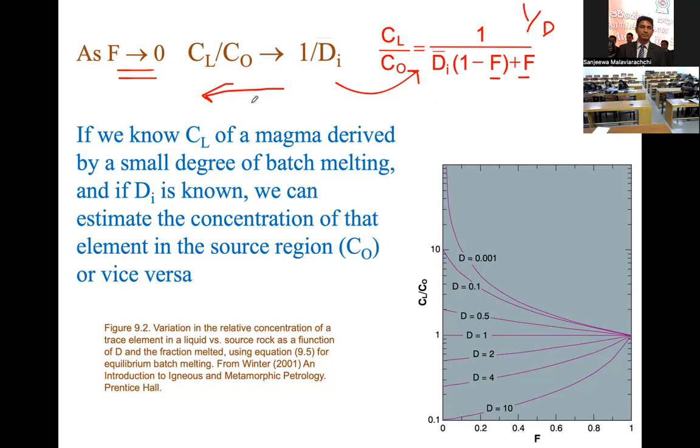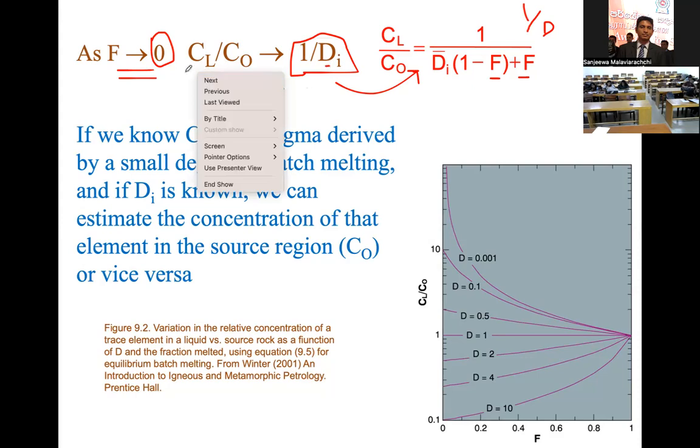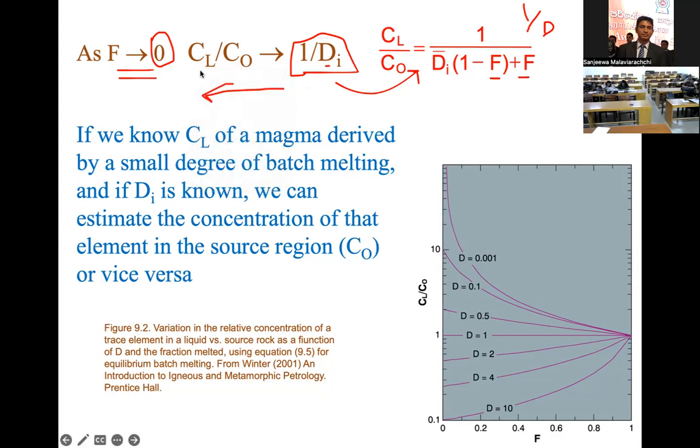But this is not realistic anyway, so there is no point in talking about f equals 0. Numerically, it is just the reciprocal of the partition coefficient of that particular element, where D is the partition coefficient. So if no melting, then you can find the composition of the produced melt, but actually there is no melt produced.